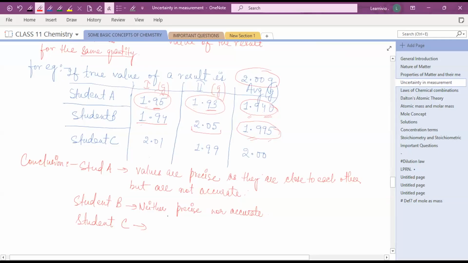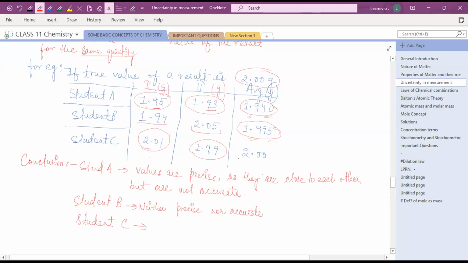Okay, so see student C. The first reading is 2.01 and the second reading is 1.99. They are close to each other. The difference between 1.99 and 2.01 is very small, so the first and second readings are very close, which means they are precise.